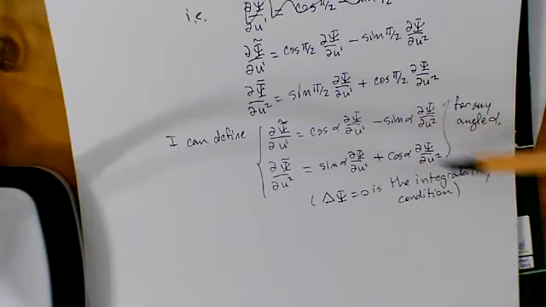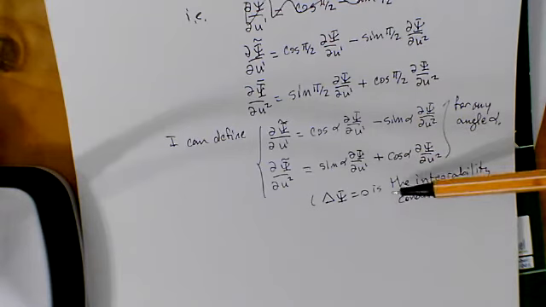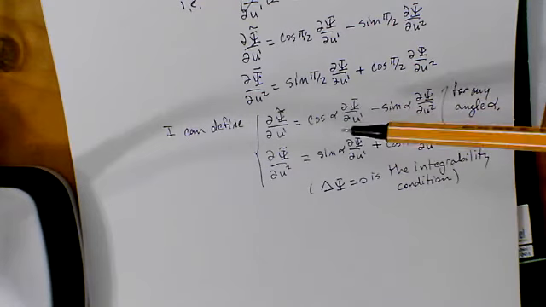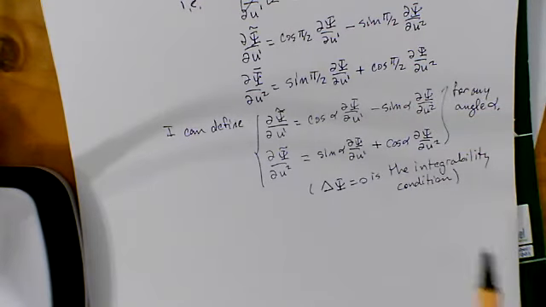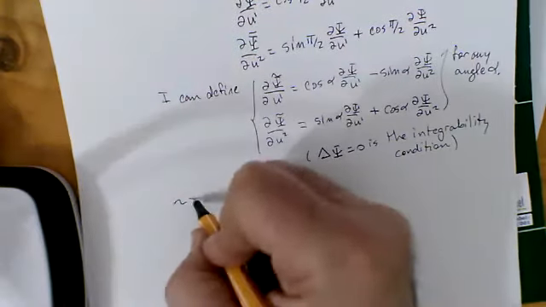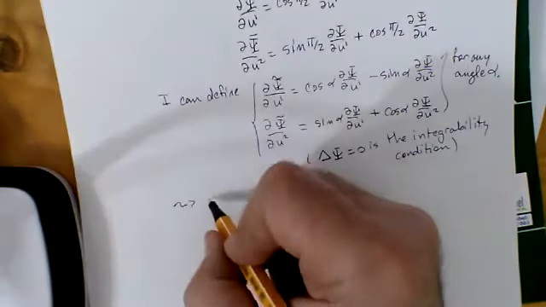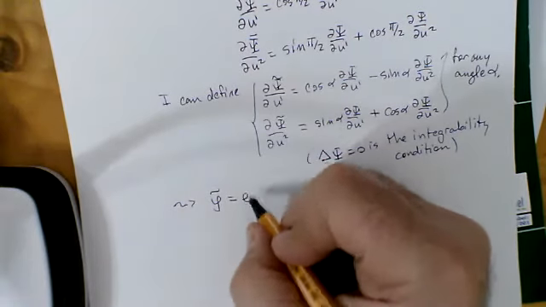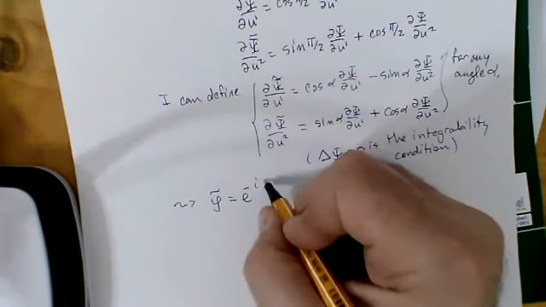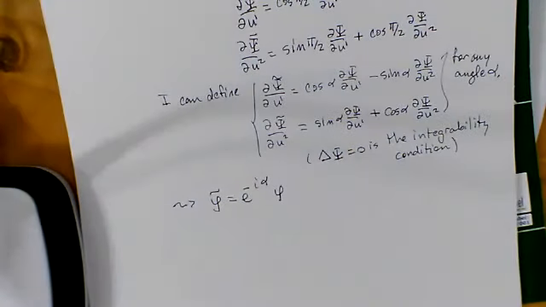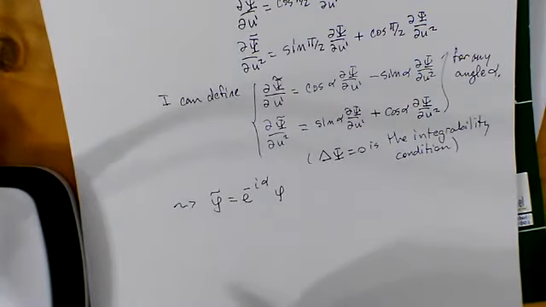The harmonicity is exactly the integrability condition, which is the same as checking the equality of mixed partials. So if I go through the same sort of computation, I'll find that my phi tilde is e to the minus i alpha phi. I have this very nice relationship between the associated holomorphic functions.